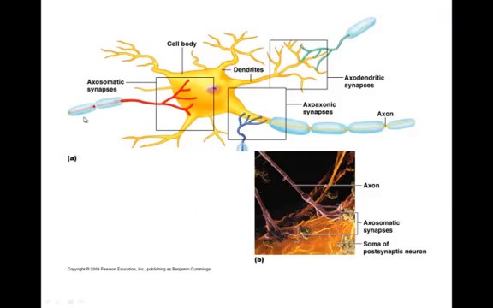Now these are all presynaptic cells here, and this is just getting into more detail on naming synapses of these presynaptic and postsynaptic cells. If an axon comes into the body, we can call it an axosomatic synapse. If an axon comes into a dendrite, we can call it an axodendritic synapse.